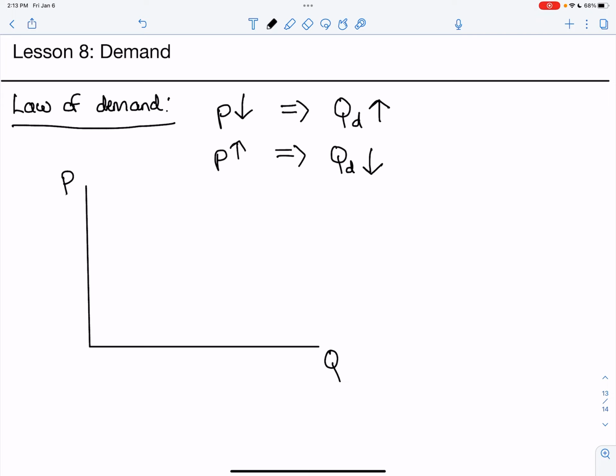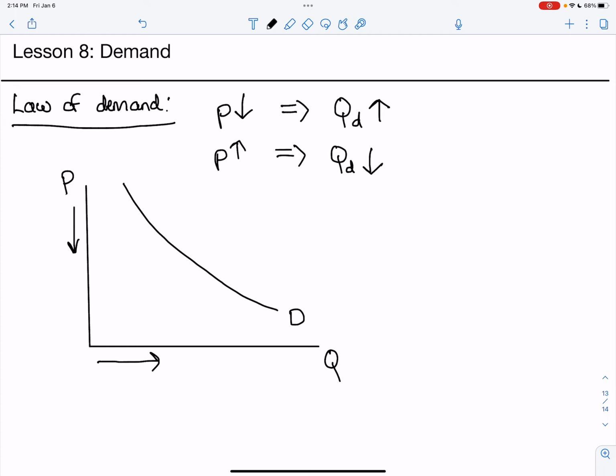Well, given this law of demand, we should have a downward sloping demand curve. Okay? Why downward sloping? Because as price decreases, quantity increases as per the law of demand. Therefore, the slope is downward sloping.